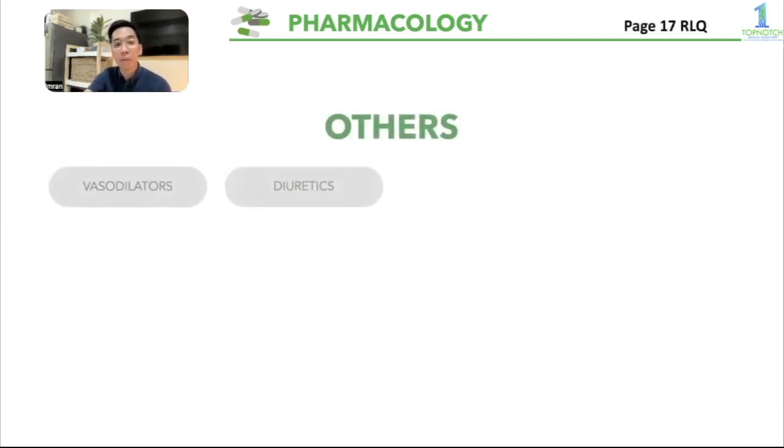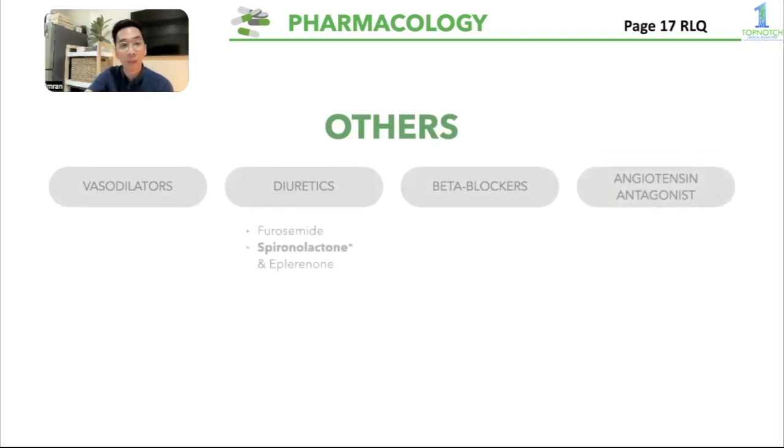Other drugs that can be used for your heart failure are the following. Siyempre, you have your vasodilators, no? Na na-discuss na rin earlier, no? You have your diuretics, particularly furosemide and spironolactone. So the following drugs actually can be given to decrease the blood volume, no? Minsan ginagamit sila together, yung spironolactone and furosemide.